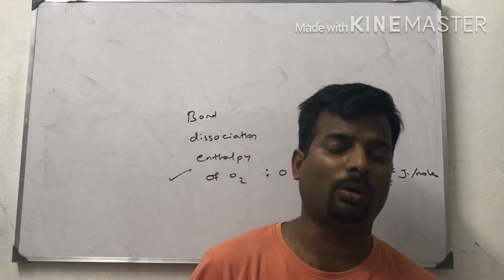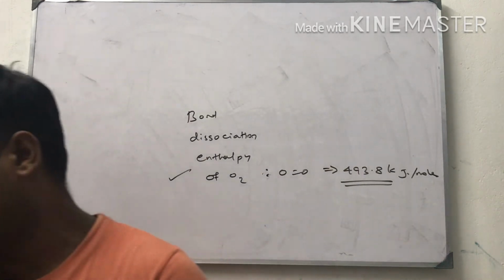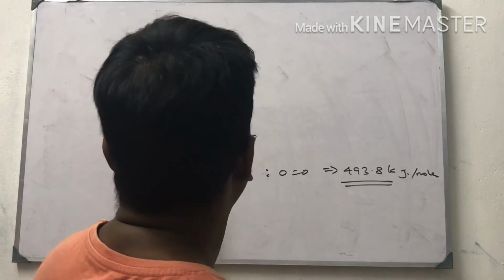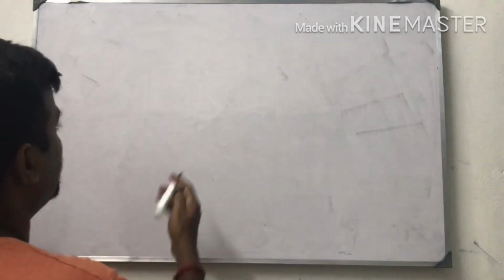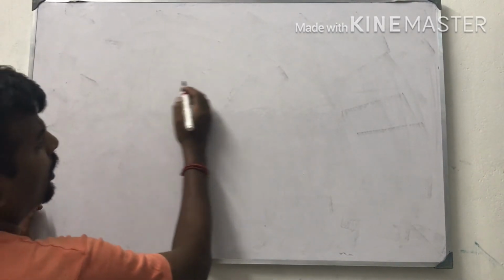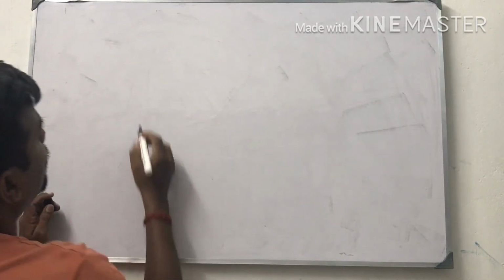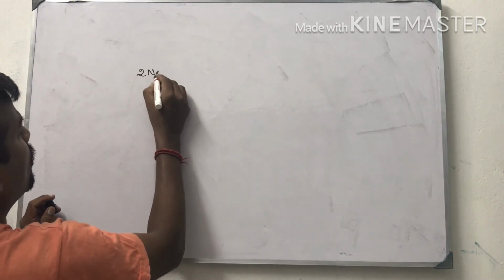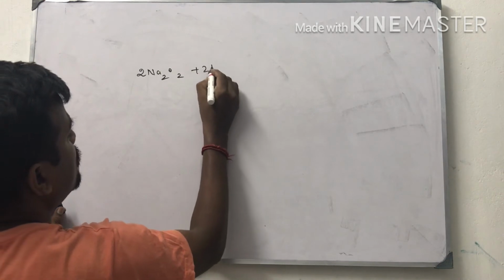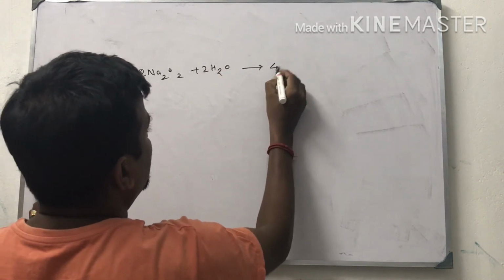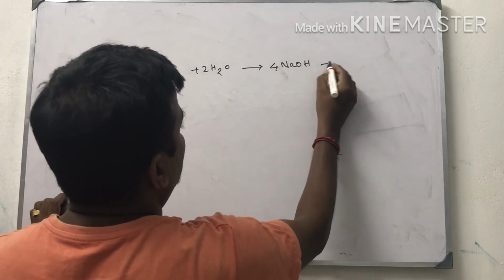Now I am going to write some reactions based on dioxygen. Chemical reactions: it will react with almost all metals. For example, 2Na2O2 plus 2H2O gives 4NaOH plus O2.